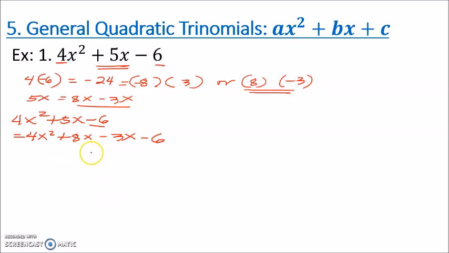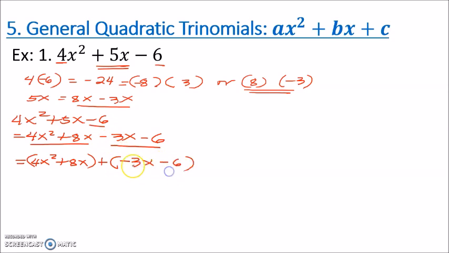And so, mag-grouping tayo. Apply natin yung factoring by grouping. So, i-group natin itong dalawa. And i-group din natin itong dalawa. Bakit? Kasi they have a common factor. Meron din silang common factor. So, first, we have 4x squared plus 8x. One group yan. And then plus. Okay? Another group, negative 3x minus 6.